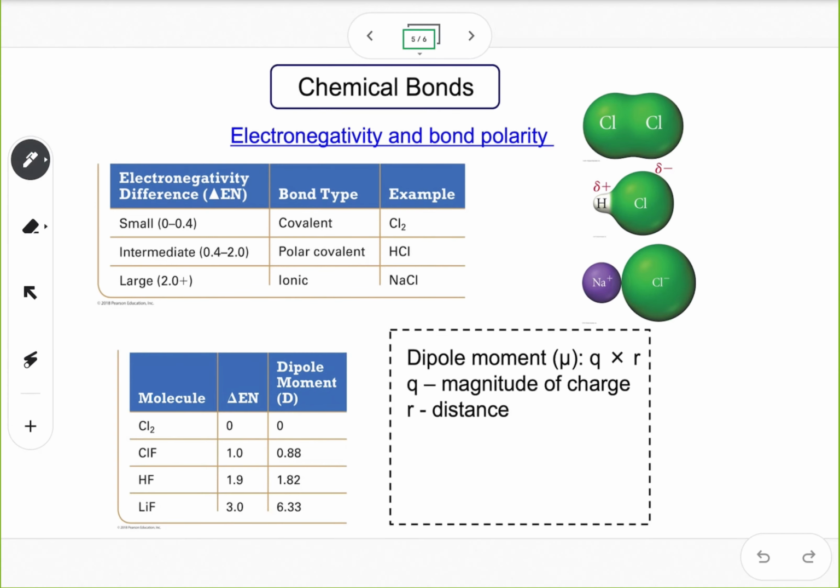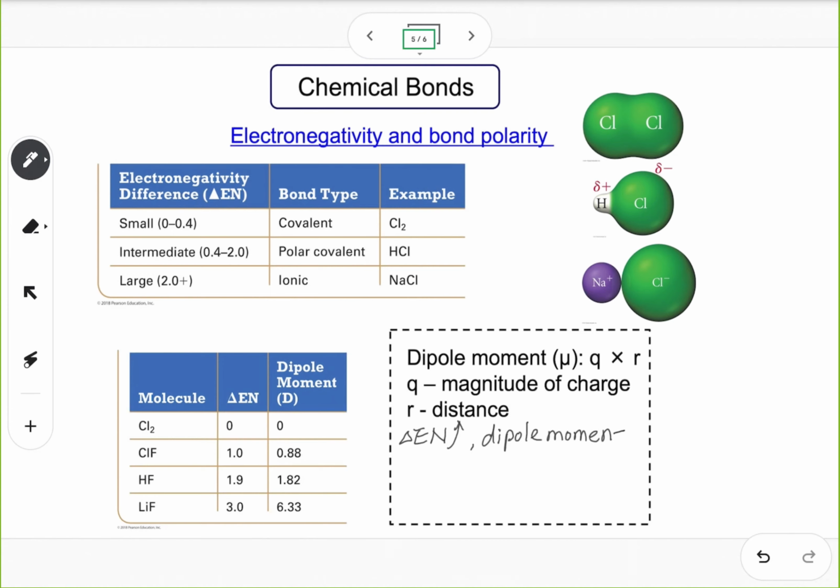Let me write the general trends, okay, between the delta EN, dipole moment, and the polarity. Okay, so the bond polarity, so you can better understand the whole relationship. When you have larger delta EN increase, dipole moments will also increase.